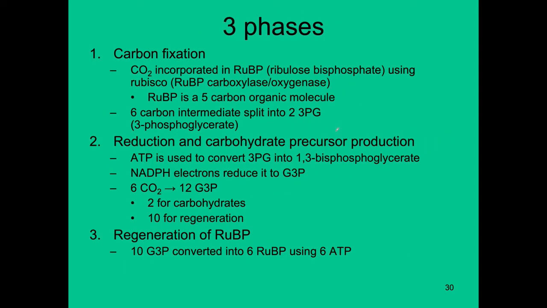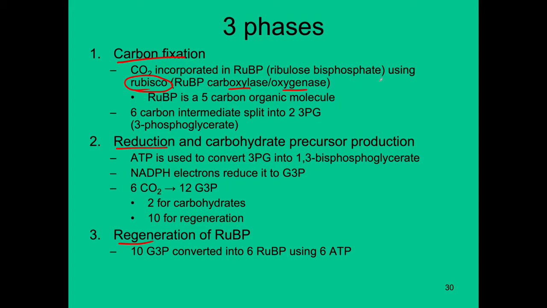So the Calvin-Benson cycle occurs in 3 phases: the carbon fixation phase, the reduction phase, and then the regeneration phase. So in the carbon fixation phase, CO2 is going to get incorporated with a molecule called RuBP, or ribulose bisphosphate. This is done with an enzyme called rubisco. And rubisco is a type of enzyme known as a carboxylase or oxygenase.